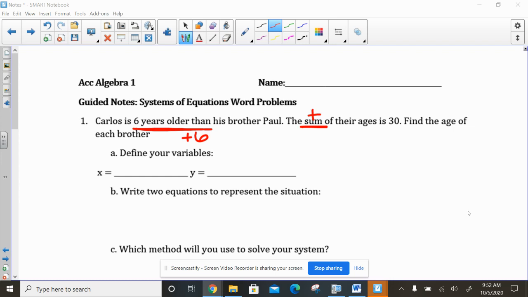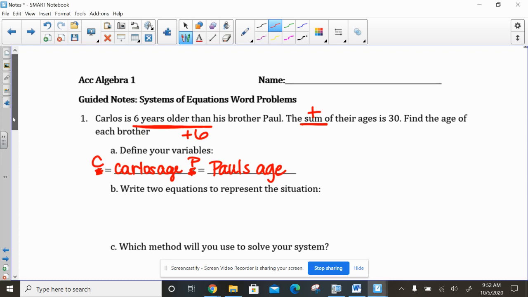I am going to call my variables, instead of x and y, C and P to represent Carlos's age and Paul's age. So C is going to be Carlos's age, and P is going to be Paul's age.